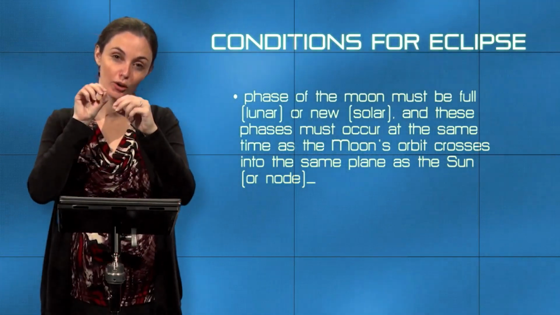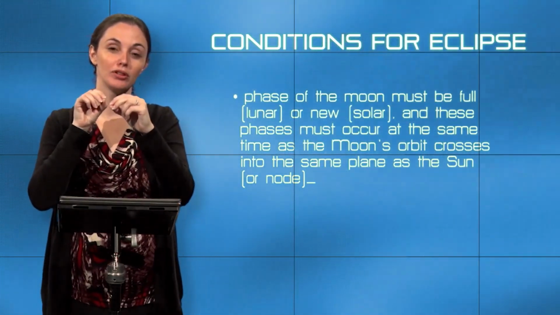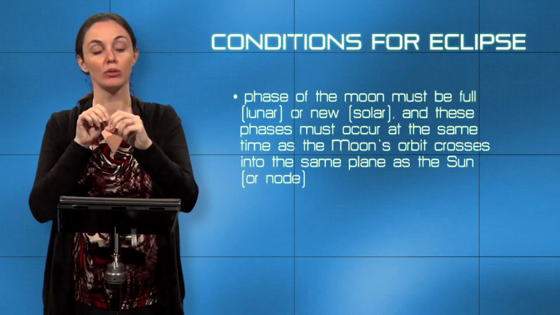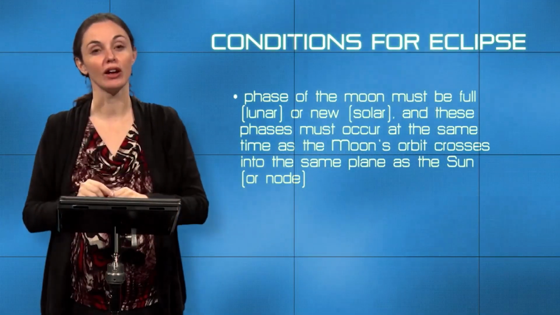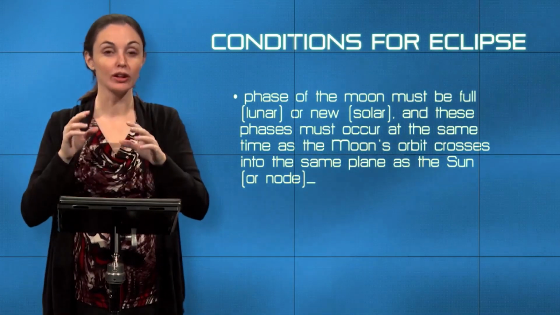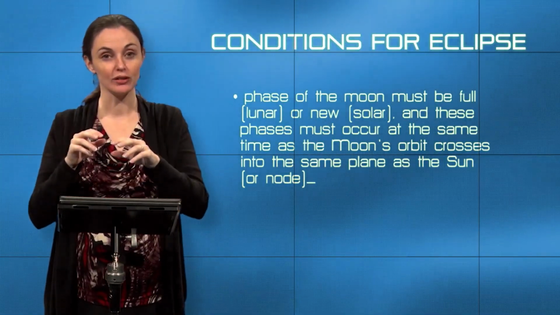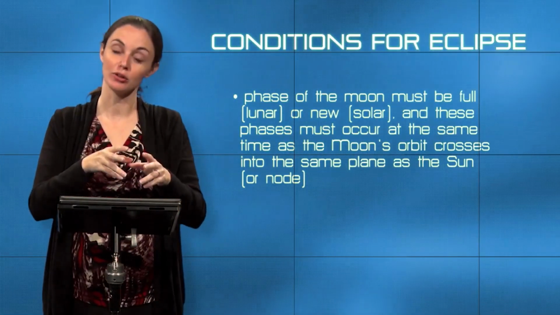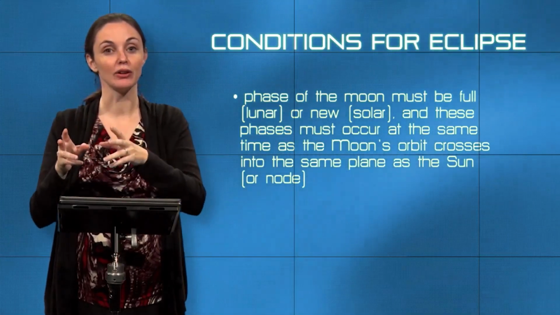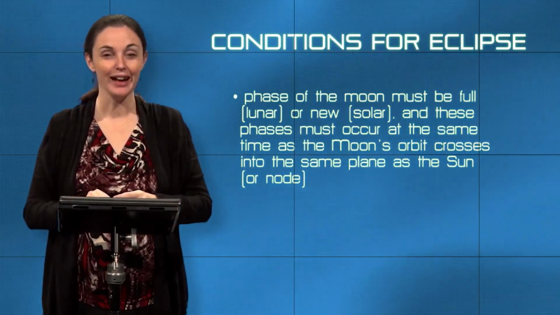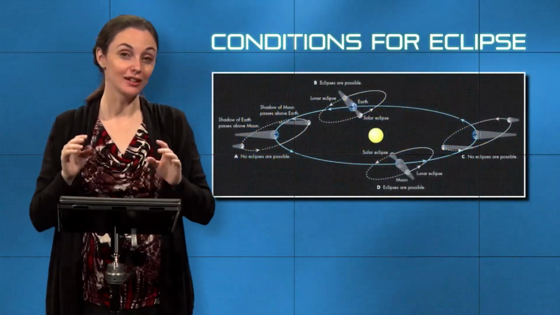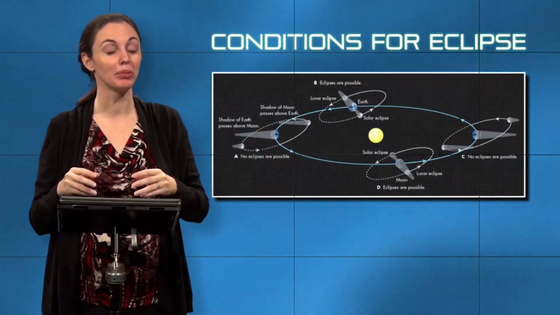You need those nodes, those points where the 2 orbits intersect, to coincide with either the lunar or the solar phase, only the new moon or the full moon phase. The new moon would allow you to have a solar eclipse. The full moon would allow you to have a lunar eclipse. It doesn't often happen during the exact same month, but it's at least possible.